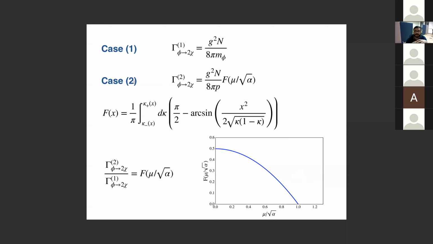For case 2, when the field is massless, we get this result, with this function given by this formula, and it is plotted here in this figure. We again see that the decay rate is 0 for mu bigger than the square root of alpha, but if mu is smaller than the square root of alpha, that is the main result I showed: when the resonance is satisfied, we can define this spontaneous decay rate.